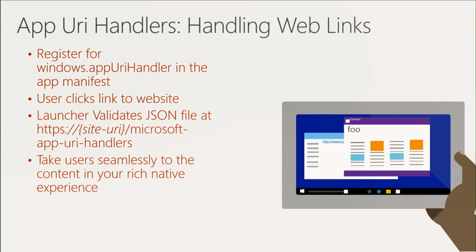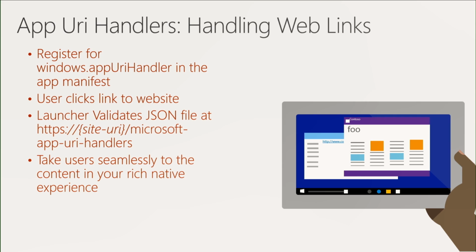So now all you need to do is put into the root of your website a special file called Microsoft-app-uri-handlers.json. And in it, you just have a little bit of information that ties it back to an app which has identity that's been published.